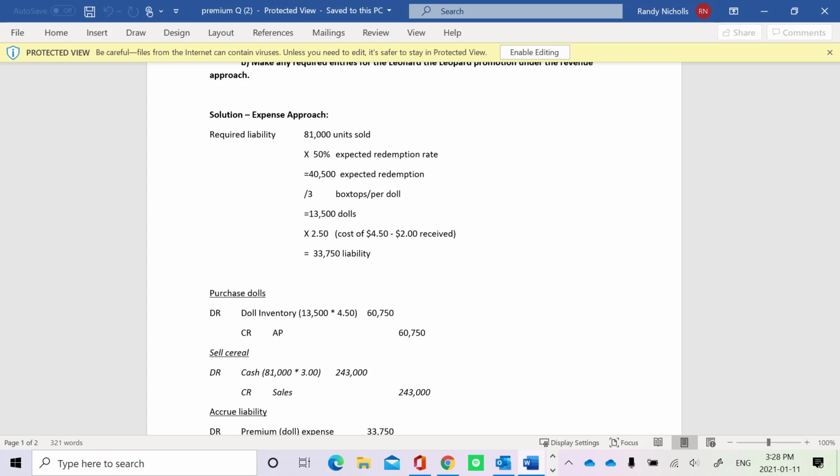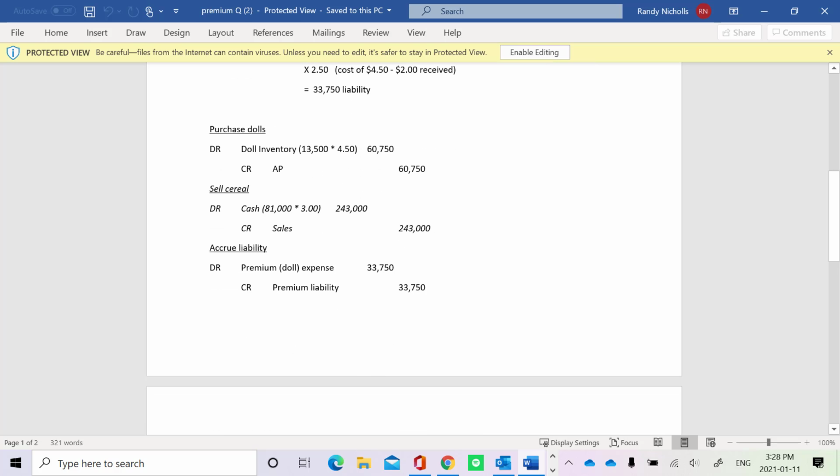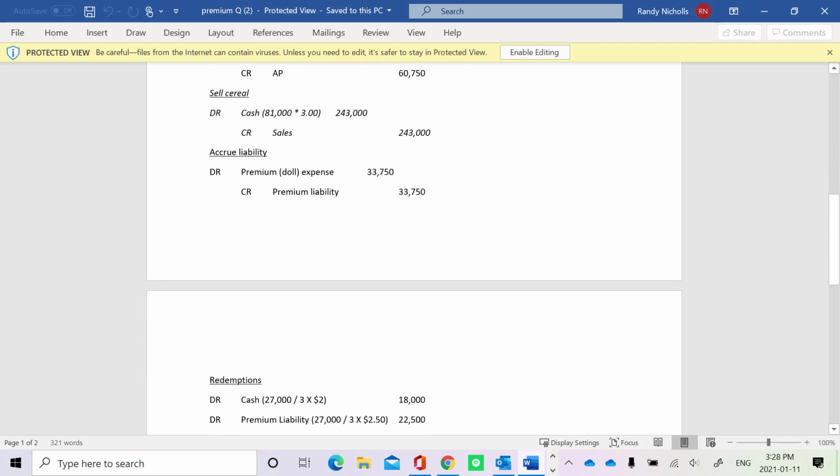So in part A, we need to figure out what's the warranty or the premium program going to cost us. And that's what the math goes through is, how many of these dolls are we going to have to give away? And those dolls have to be bought. That's the first entry. We've got all our sales. And we want to accrue the liability because we want to expense all these dolls at the time of sale, so this year, and we create a liability, and then as we issue these dolls in the future, it'll come out of there rather than expense.